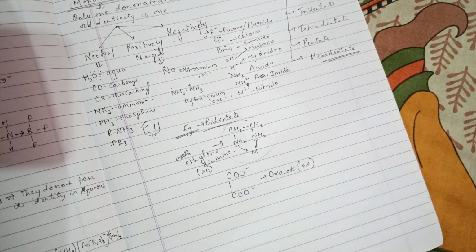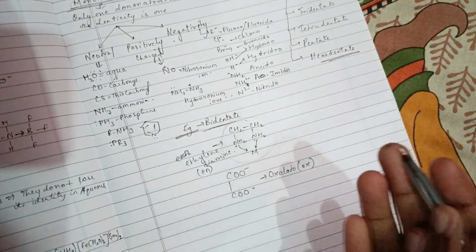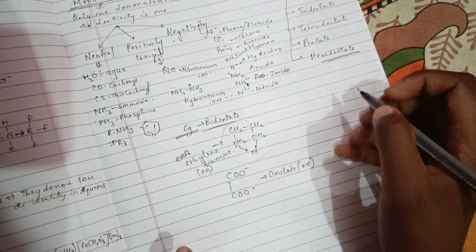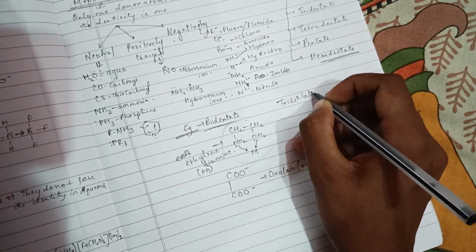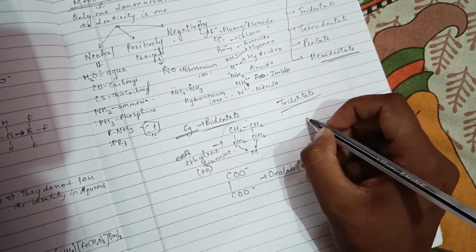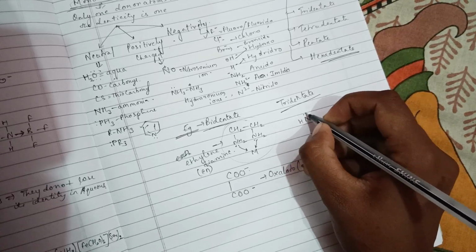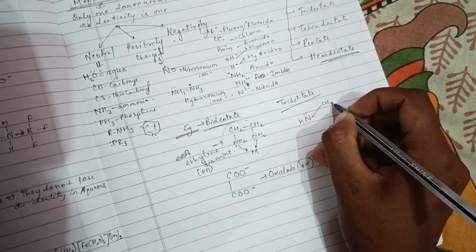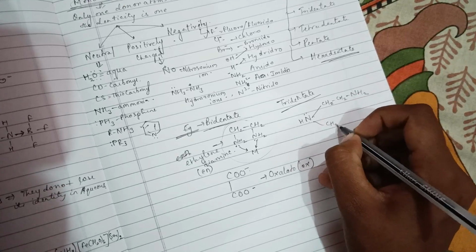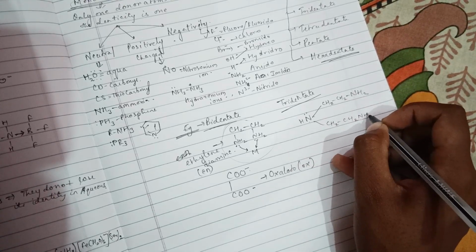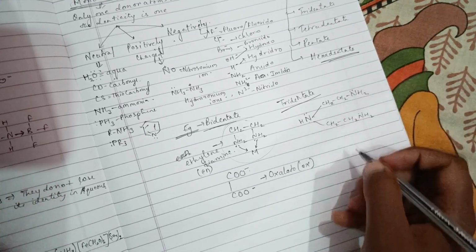Now tridentate ligands have three donor atoms or three donor sites to which a single metal can attach. An example of tridentate: NH(CH2CH2NH2)2.